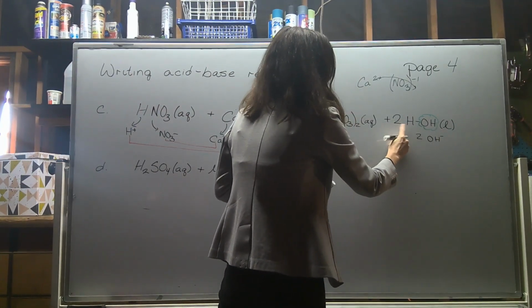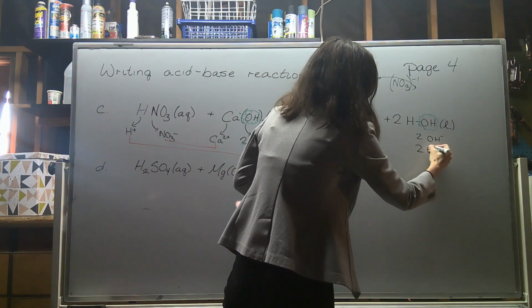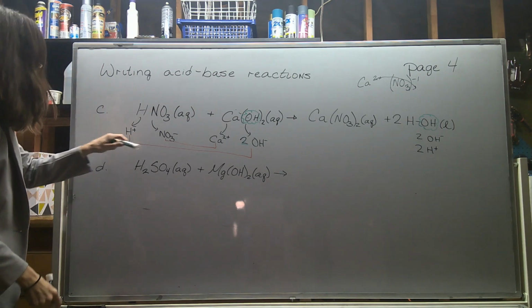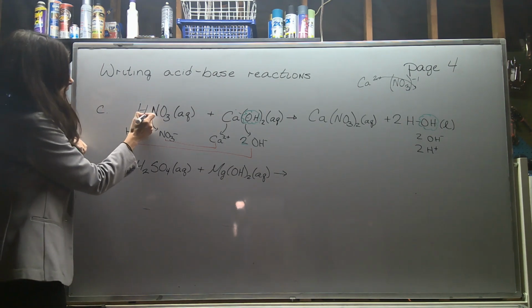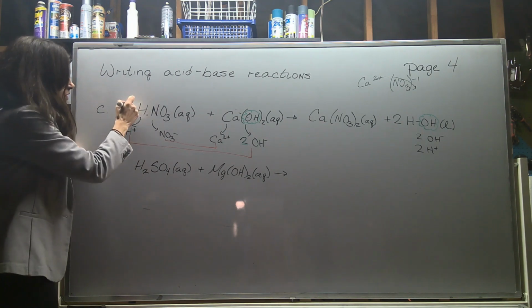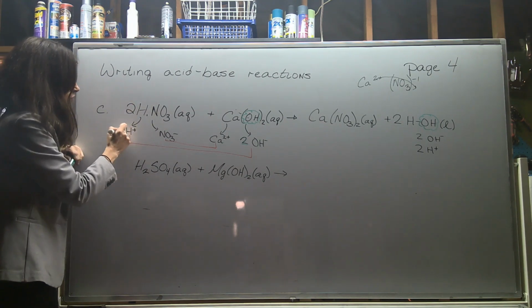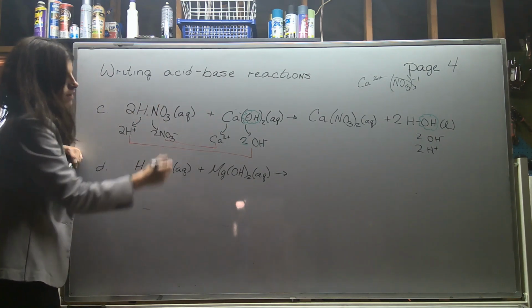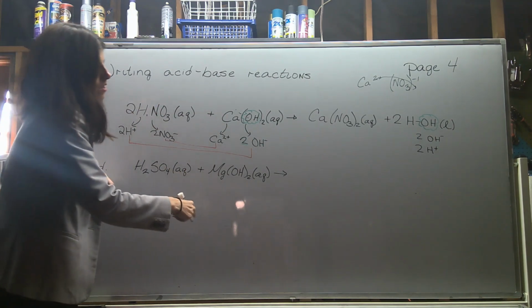Now I have 2 H's though. Over here, in my nitric acid there's a subscript of 1, that's only 1 H. So if I put a 2 out front here, now I have 2 H's. But that gets distributed to everybody. So I also have 2 nitrates, but that's okay.